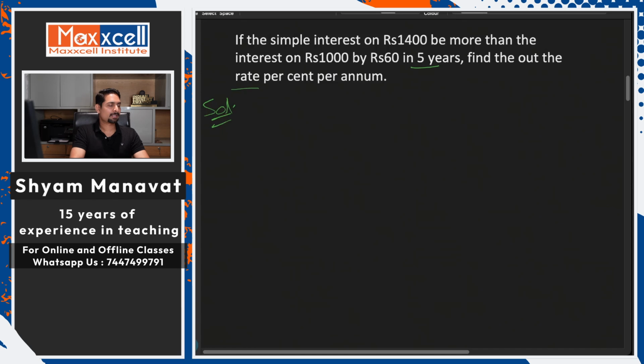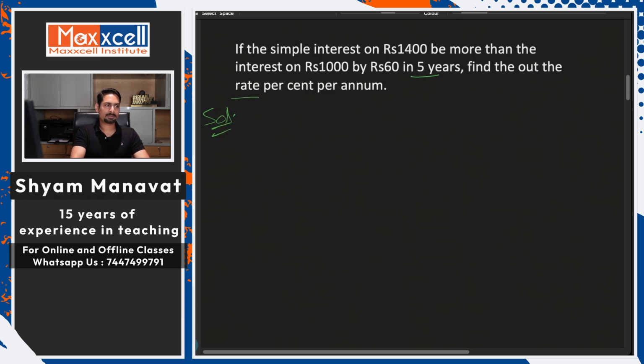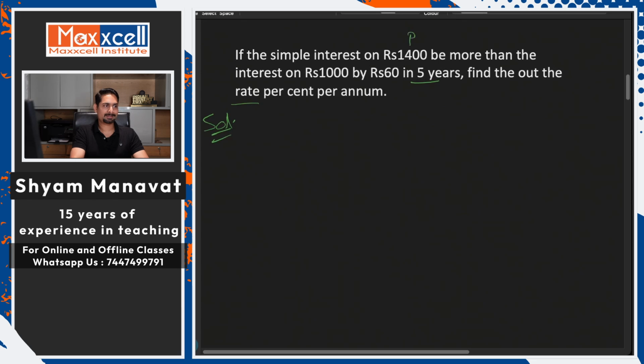Let's do it. Initially, simple interest on 1400. So this is the principal in case number 1. Rate of interest must be the same because there is no mention of a change in the rate of interest. And there is a difference in the interest by 60. No problem.